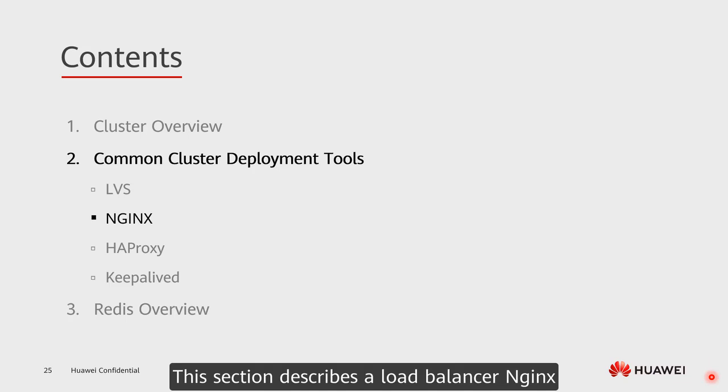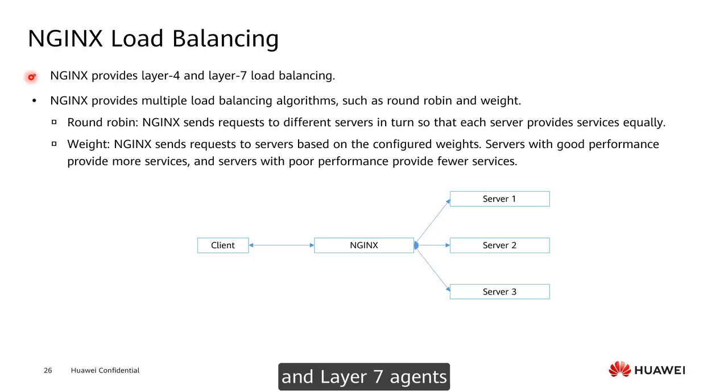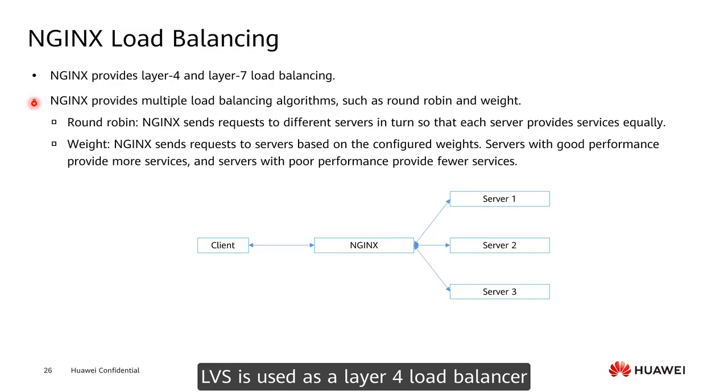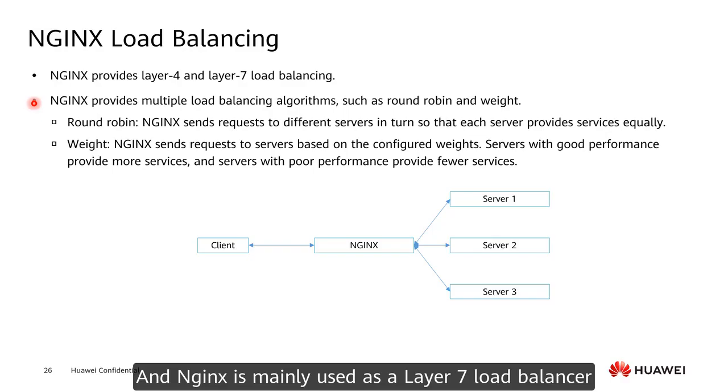This section describes the load balancer, Nginx. When serving as a load balancer, Nginx can provide Layer 4 and Layer 7 proxies. In actual working scenarios, LVS is used as a Layer 4 load balancer, and Nginx is mainly used as a Layer 7 load balancer.